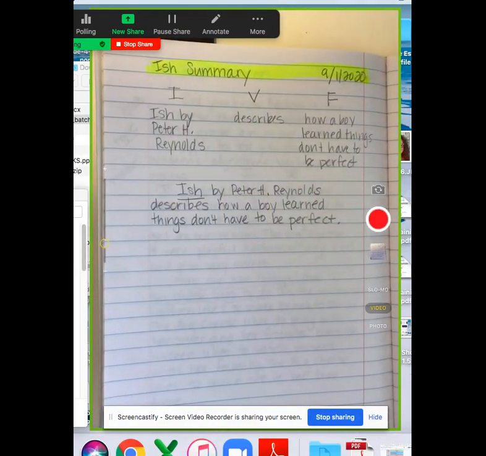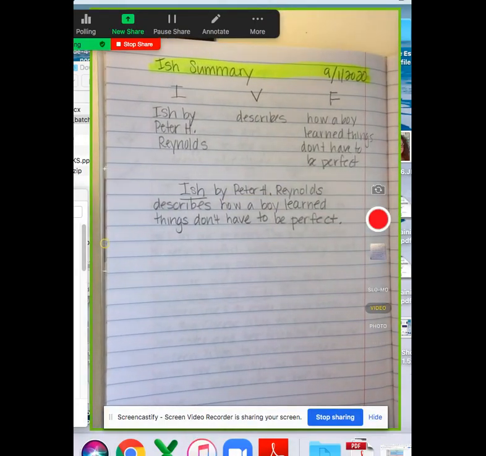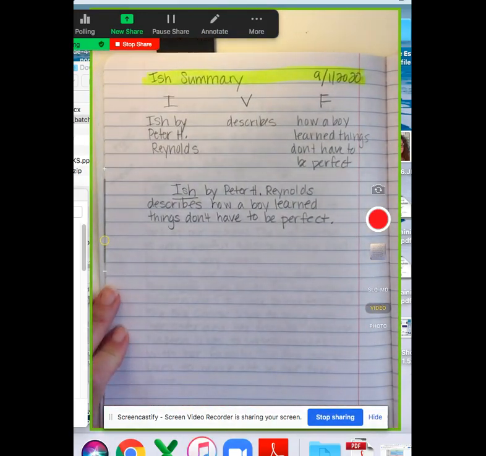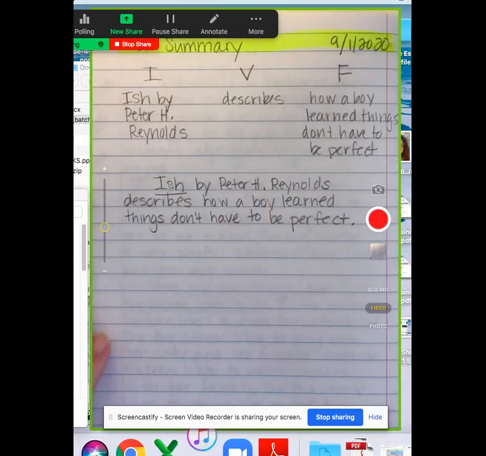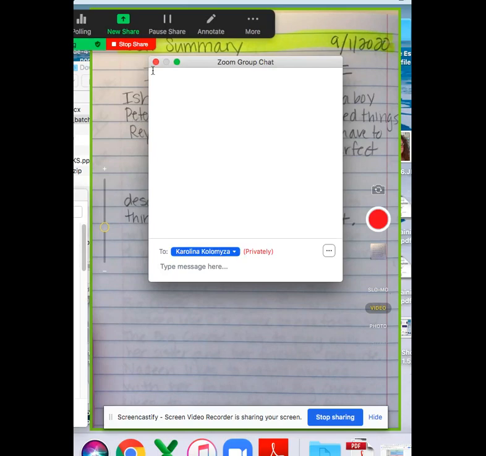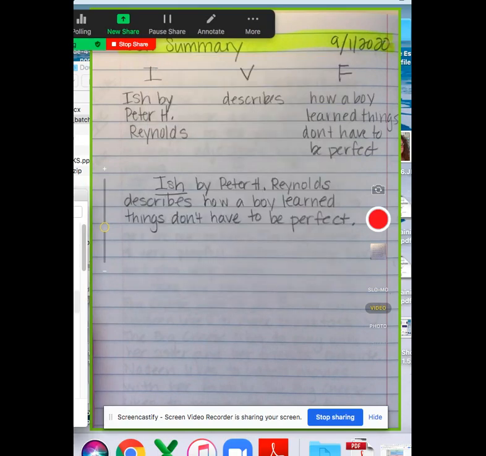Okay. Can someone give us a sentence from your reader's notebook, the story map, that we might include in our paragraph? Carolina, do you have one? Kaya, do you have one? We could do the problem in the story is that Ramon is unhappy with his drawings.